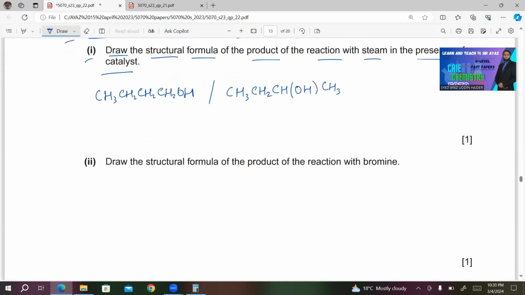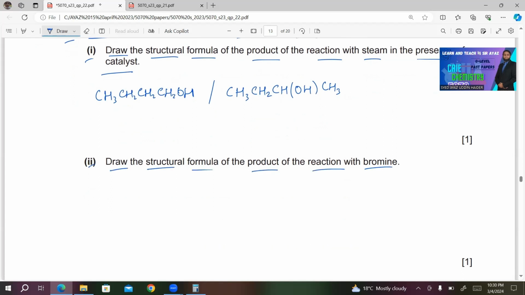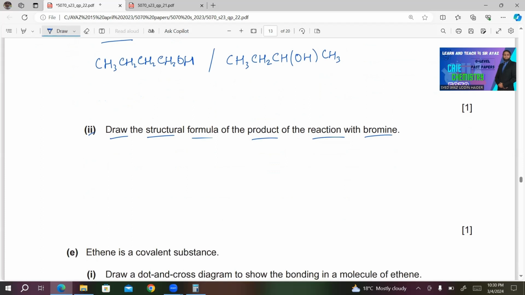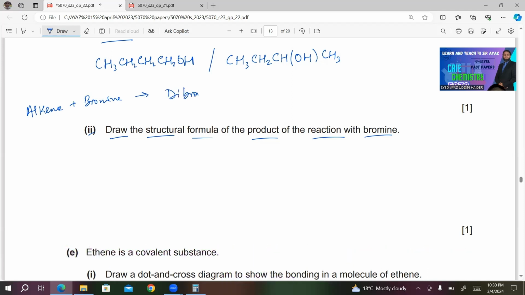Part 2. Draw the structural formula of the product of the reaction with bromine. So when alkenes are reacted with bromine, we'll get an addition product. Alkene plus bromine, we will get dibromoalkane.